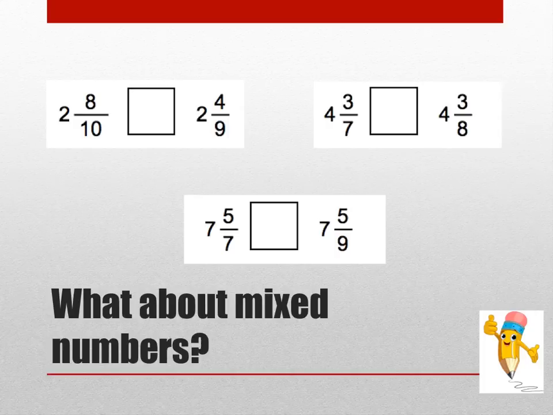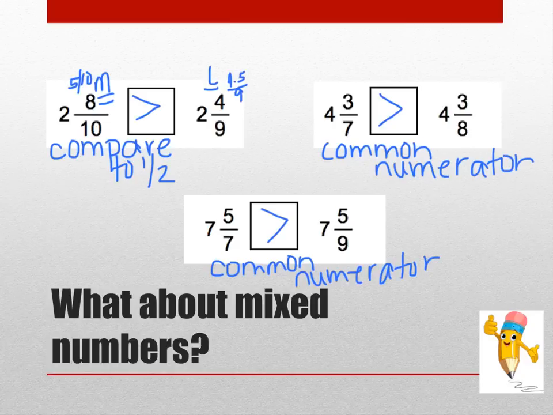What about mixed numbers? We compare mixed numbers using the same strategies. Give these a try, then replay to check your work. Did you get the answers the same as me? For this first problem, I used compare to half. The whole number 2 is the same in both, so that gives me no clue.